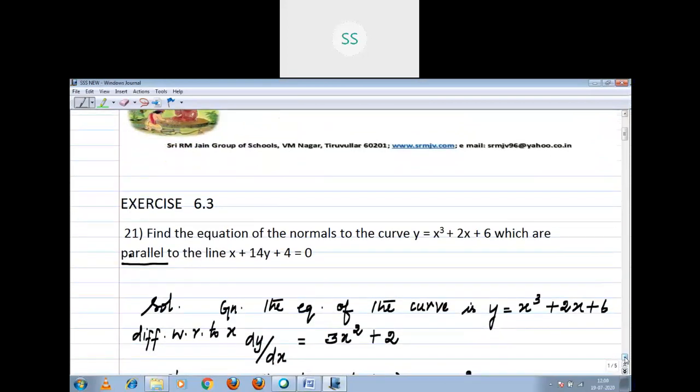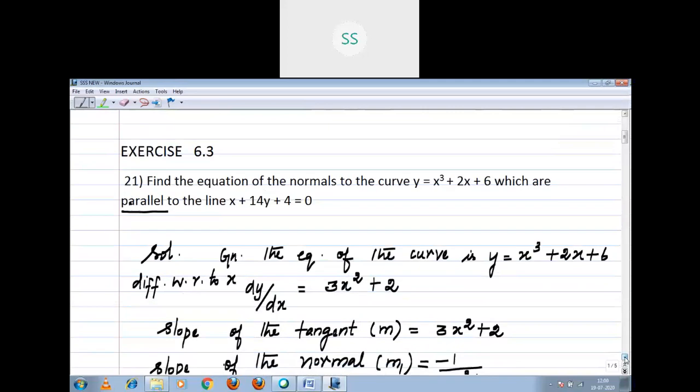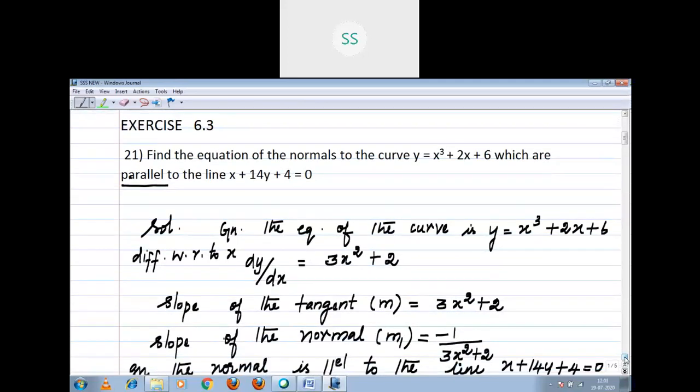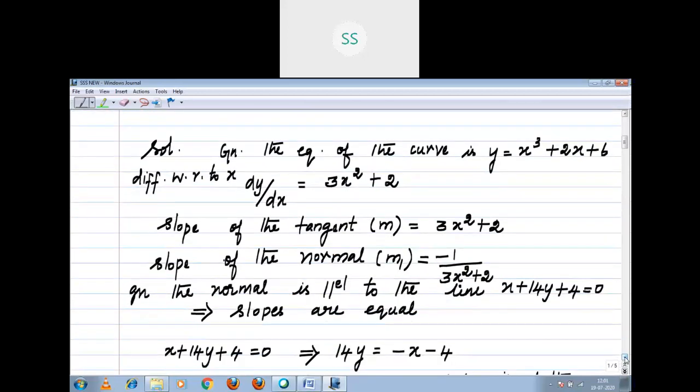First you differentiate. Slowly I will recap, you have to listen. dy by dx is your slope of the tangent. Using that we found the slope of the normal, minus 1 by 3x² plus 2. The normal is parallel to the given line, which means the slopes are equal.